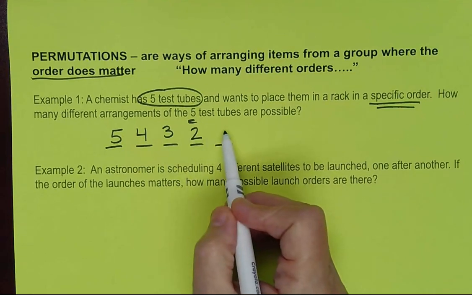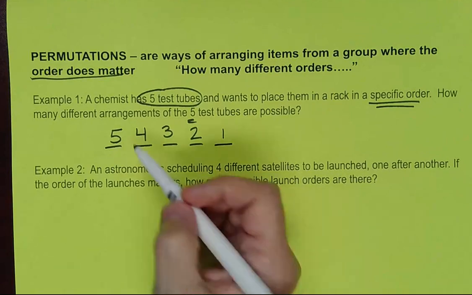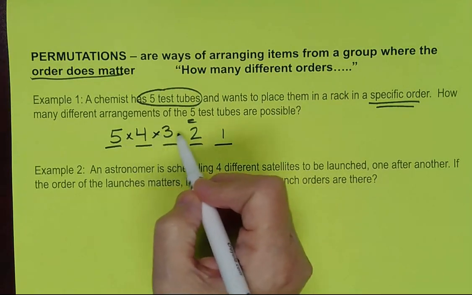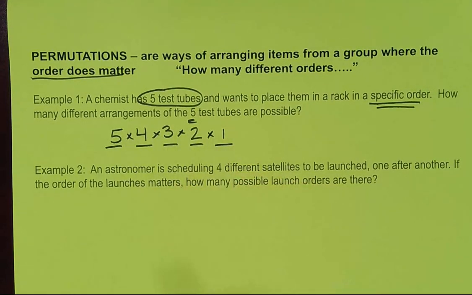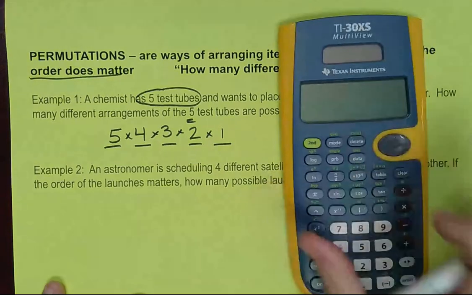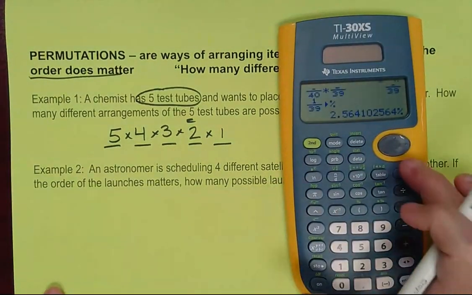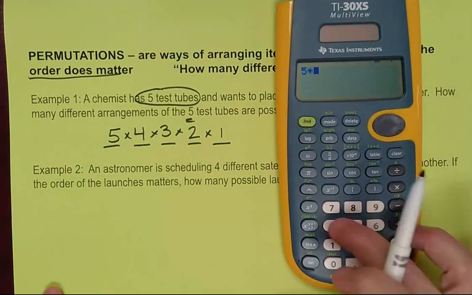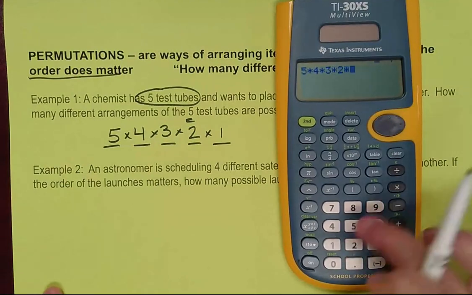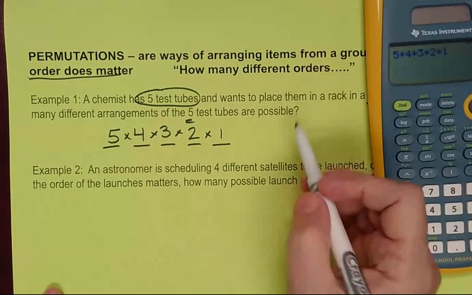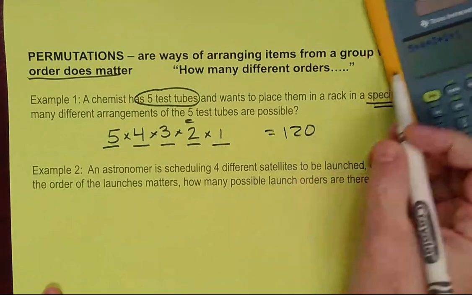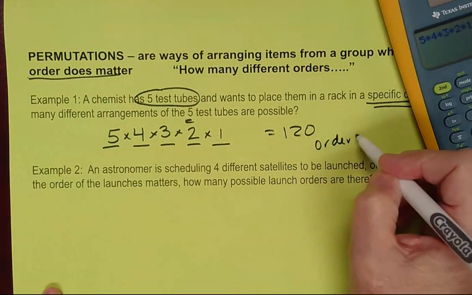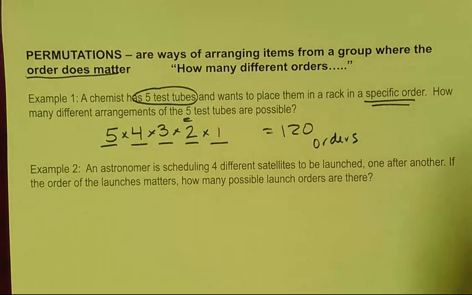My last one, there's no choice. It's just whatever's left. So if you multiply these numbers together, that's going to give you the total number of different orders that we can put things in. So on our calculator, we're going to do 5 times 4 times 3 times 2 times 1, and we get 120 different orders that we can put 5 test tubes.